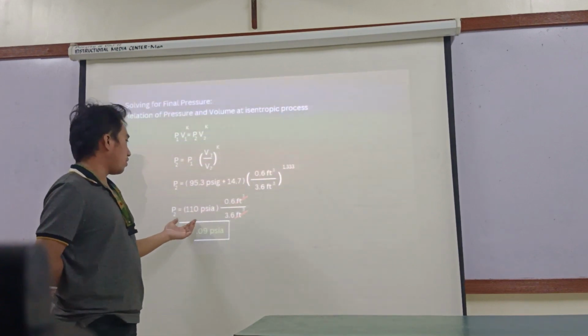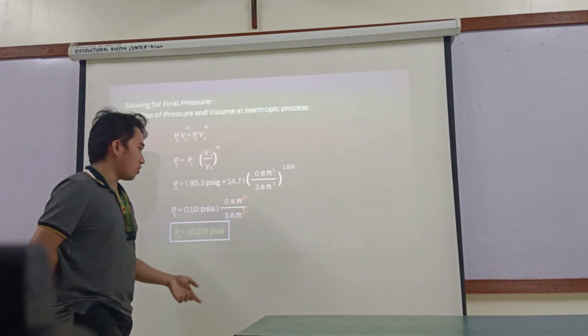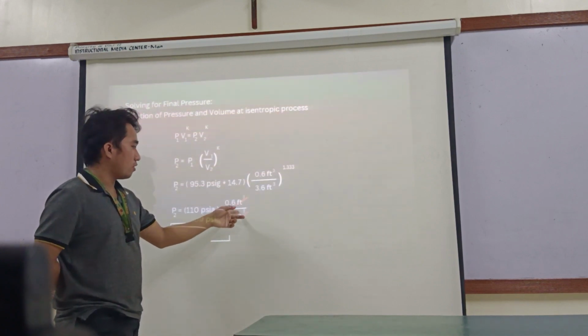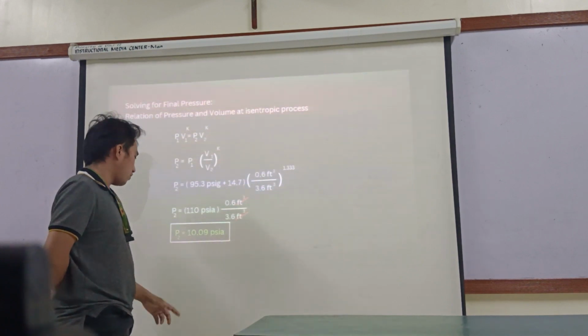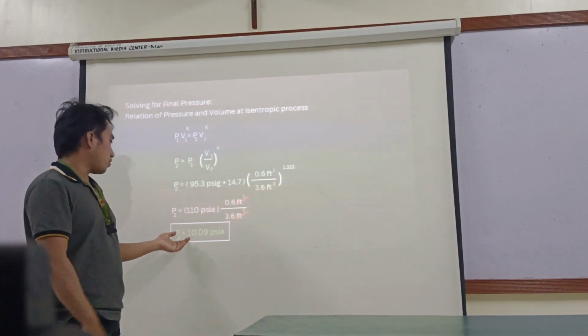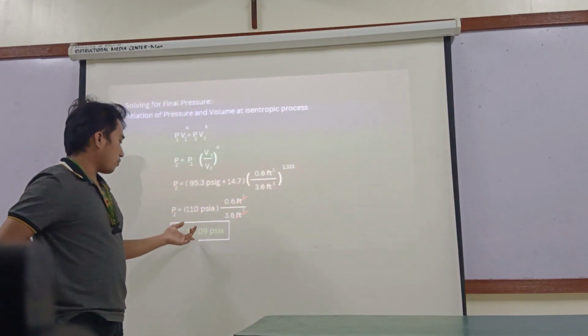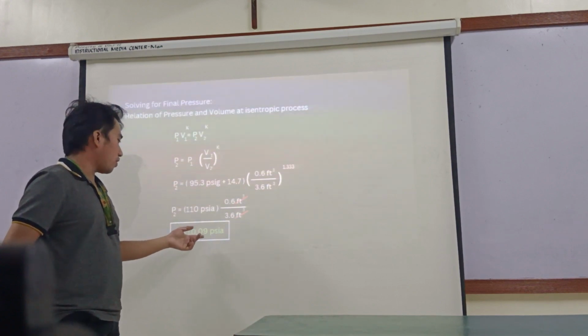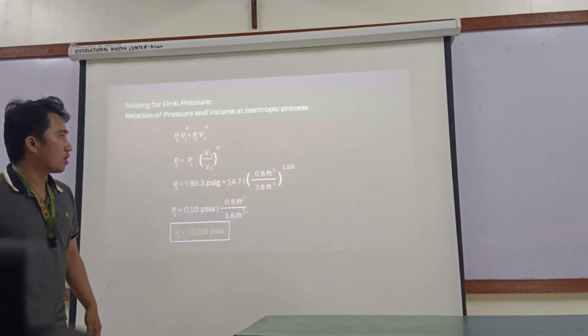So we can cancel now the units, cancel the cubic feet. So the final pressure is equal to 10.09 pounds per square inch absolute.